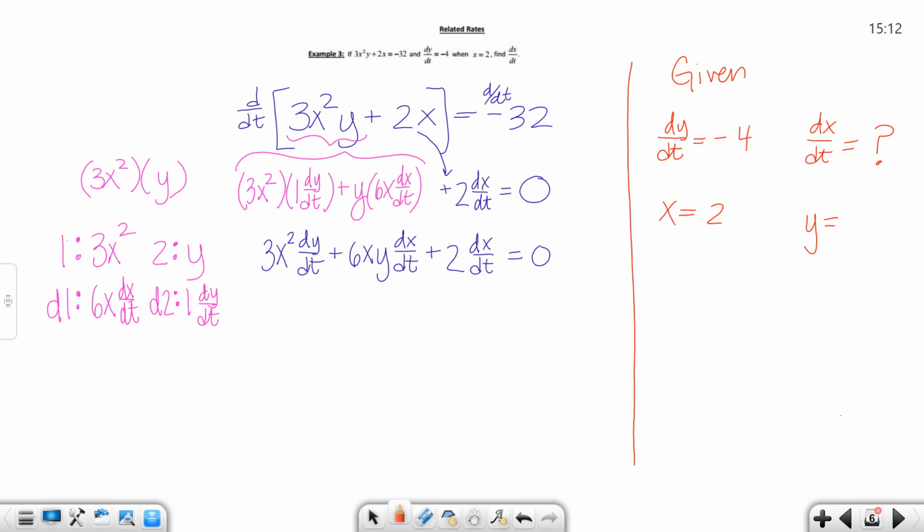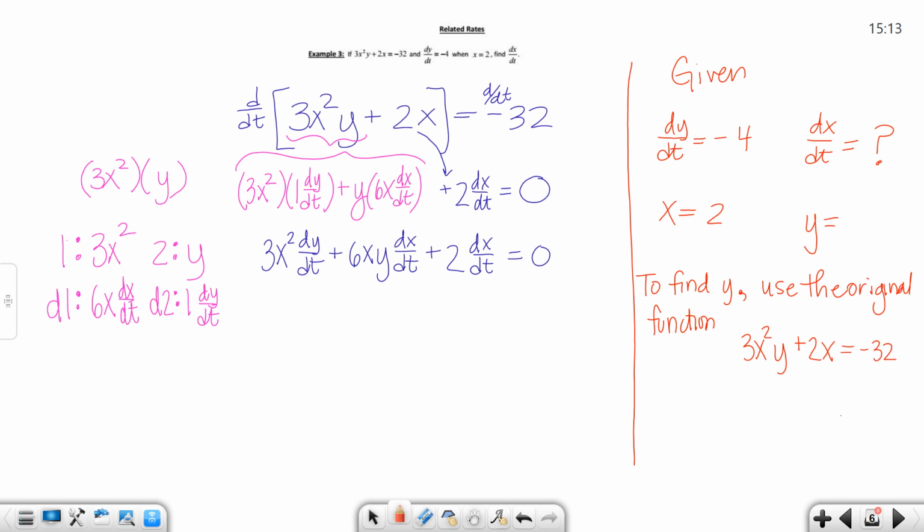So anytime I ask you to find a regular variable, you need to use the original. So this original function at the top says 3x squared y plus 2x equals negative 32.